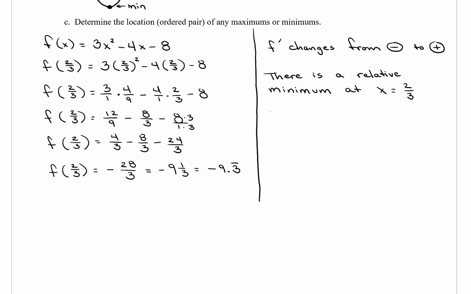So the point, or the ordered pair where this relative minimum is going to be located, is going to be 2/3, comma, -28/3. I'm going to box this in. I'm going to box in the part that says there is a relative minimum at x equals 2/3, and the point is located at 2/3, comma, -28/3.